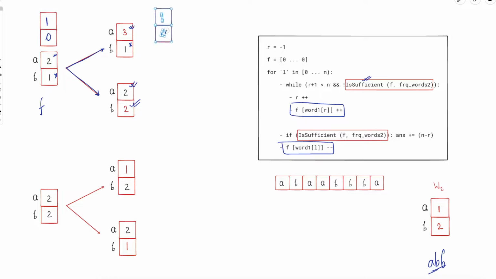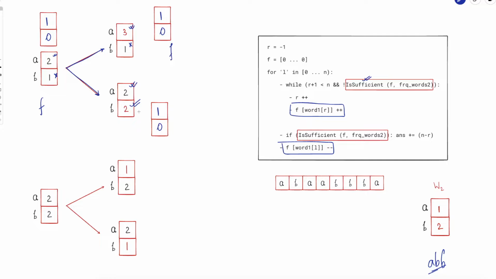And when you add A, you know that this can change, but because you're adding, this will still stay the same, and the sum is still not equal to the total number of characters. So this entire state is also not sufficient.